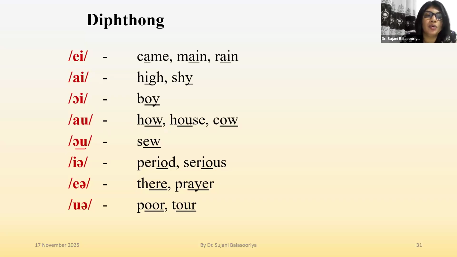All the time we don't find that sound, but there are some words like so, and S-E-W should be pronounced as "oh", so, right? The next one, "ia", is found in words like period, serious. The next one, "ea", like there, prayer, chair. The last one, "ua", is found in words like poor, tour.